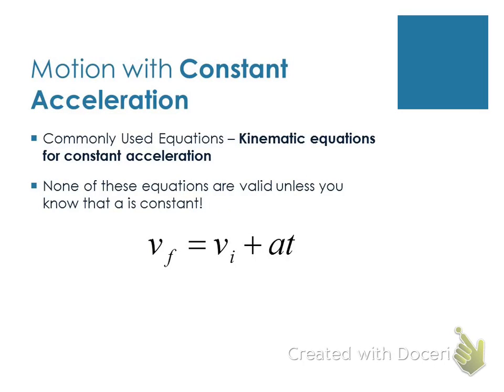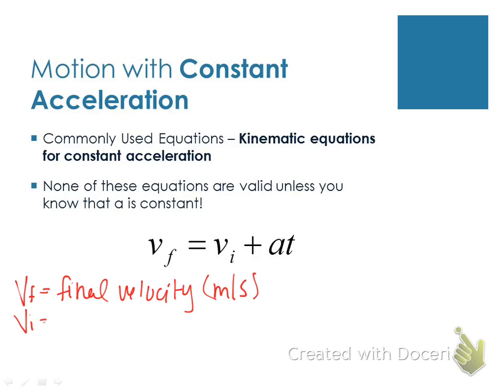First and foremost, V sub f, what do we think that means? Final velocity, good. And what's our units for velocity? Final velocity units are in meters per second. What about V sub I? Initial velocity.